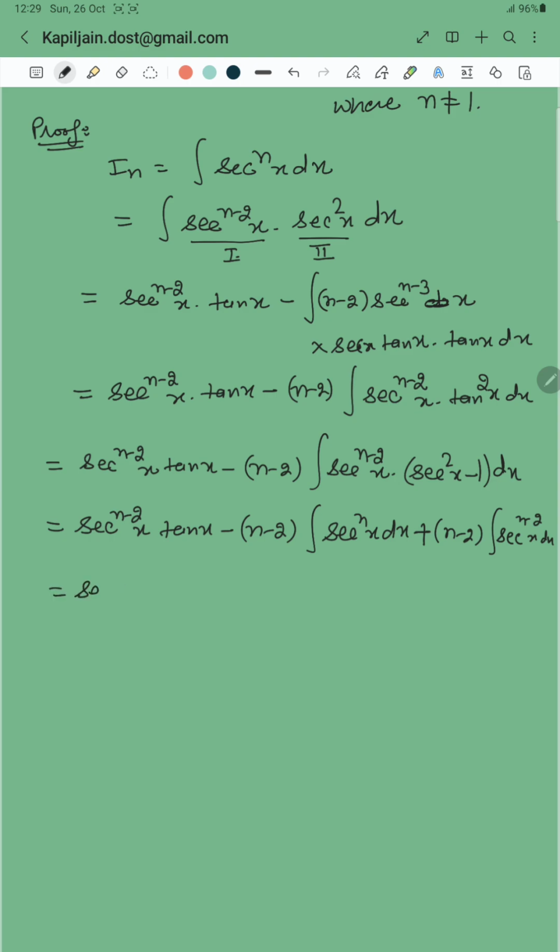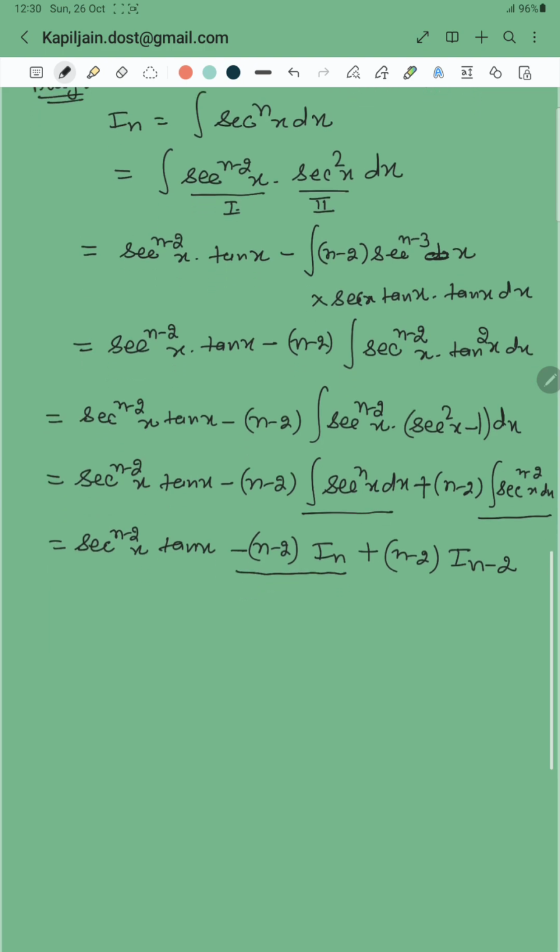which is equal to secant raised to power n minus 2 x tangent x minus (n minus 2). Now this integral is I n plus (n minus 2), and the second integral is I n minus 2. Now we can move this term to the left hand side.